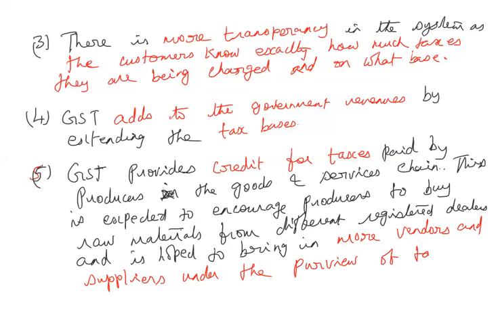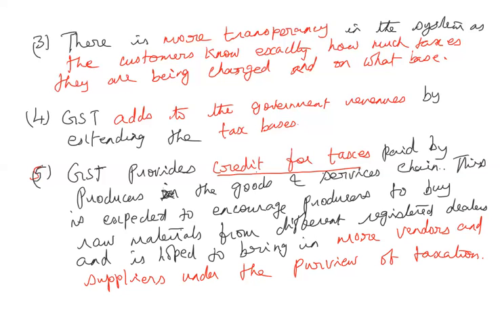So the meaning of this is, see, there is something called the credit for taxes. Suppose any producer is able to bring in more people under the tax regime, under the purview of taxation, then the government gives credit to that producer. Okay, so tax credit is given to the producer.